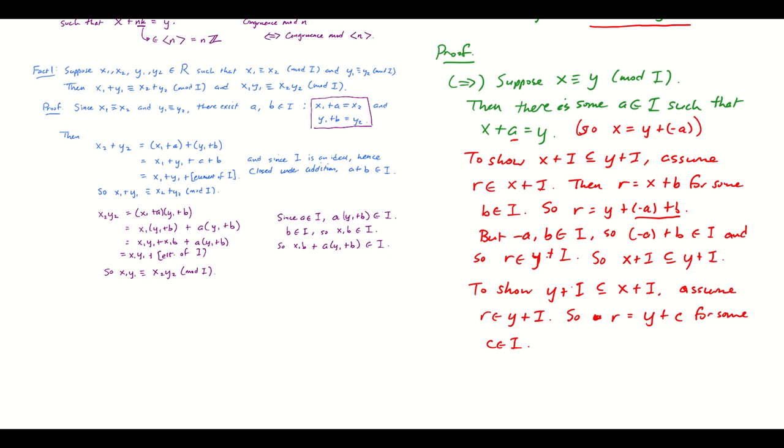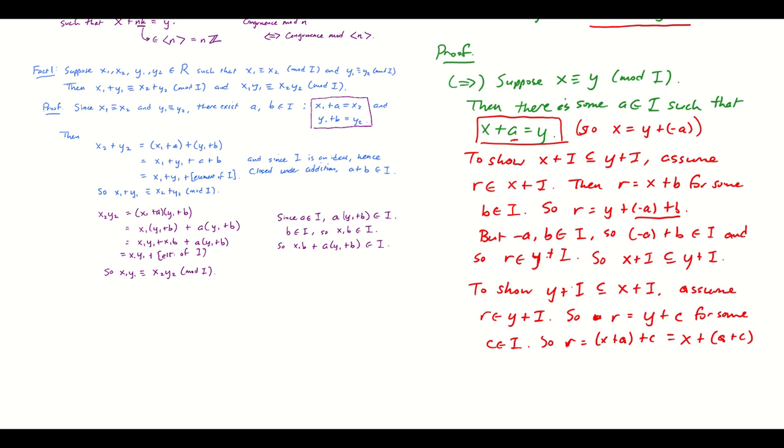Okay, great. Well, we know that y is equal to x plus a. That's this equality up here. Okay, this is looking very, very festive with the green and the red. So r is equal to, and then y was x plus a, so x plus a plus c. I'm just going to reassociate that so the main point is more visible here.